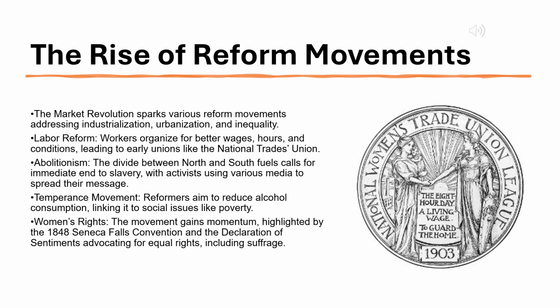Temperance advocates believed that alcohol was the root cause of many social problems, and they organized campaigns to encourage Americans to abstain from drinking. The market revolution also laid the groundwork for the women's rights movement, as women began to push for greater political and social equality.